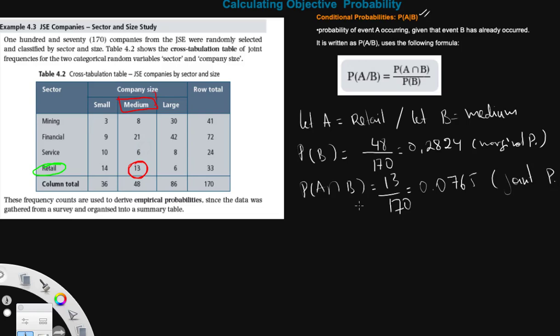Then what you do here is you can just do now P of A given B. In the conditional, we have this 13 divided by 170, and then we have 48 divided by 170, which if you look at it, cancel out, you get this, and the final answer is 0.271.